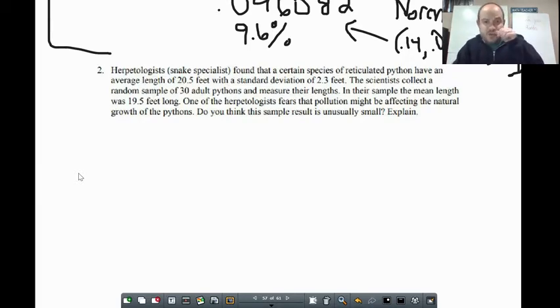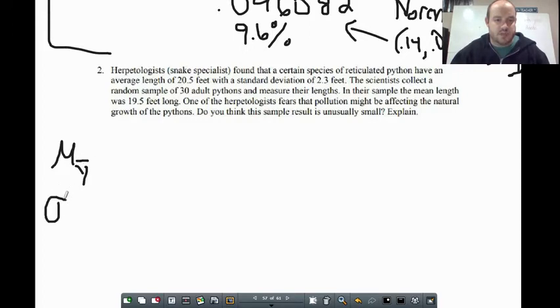So this is one of those questions where we are going to be looking basically at what the sampling distribution would look like. And then we're going to see if that 19.5 is unusually far from where it should be, okay? So starting off, if this is a sampling distribution that we're going to be dealing with, that means we need to find the mean and standard deviation of our sampling distribution, okay?